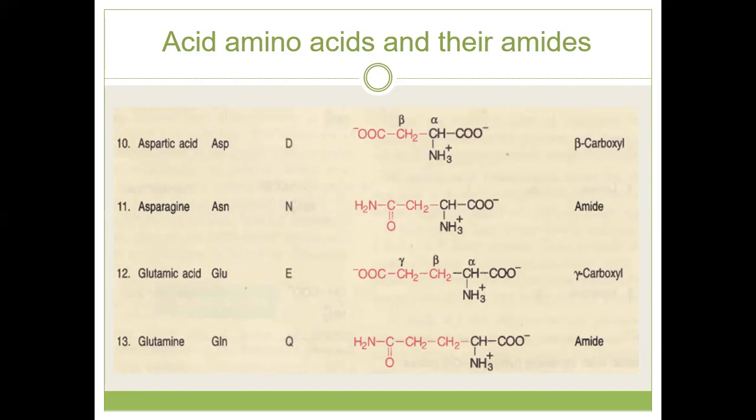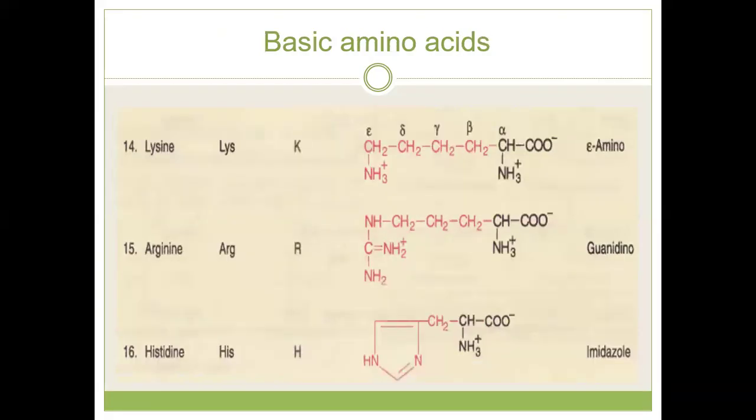When it is attached to an amino group, it forms an amide of that amino acid. So an amide of aspartic acid is called asparagine. An amide of glutamic acid is called a glutamine. The structures are here, and the formational attachment of the amino group is there, and we can see the formation of the carbonyl carbon after the attachment of the amino group.